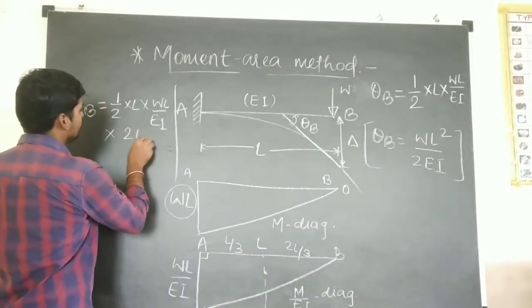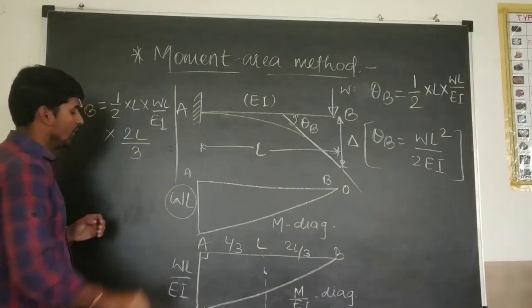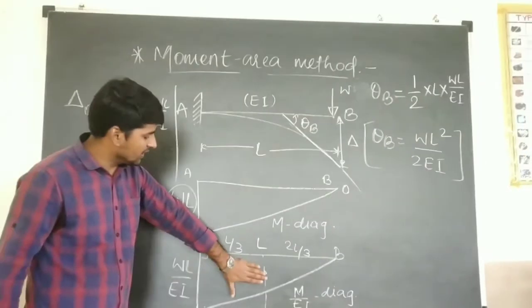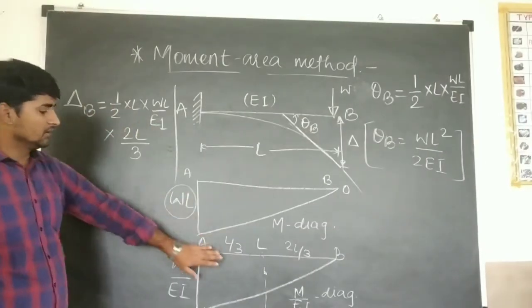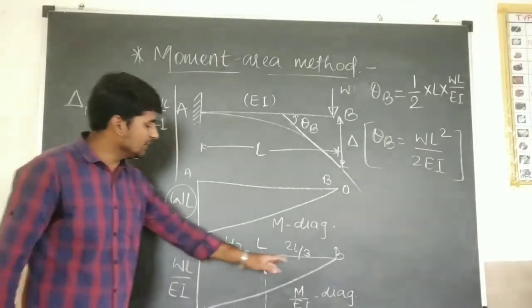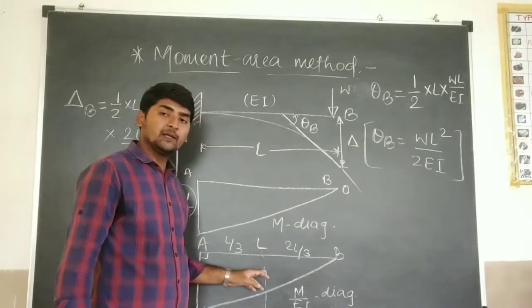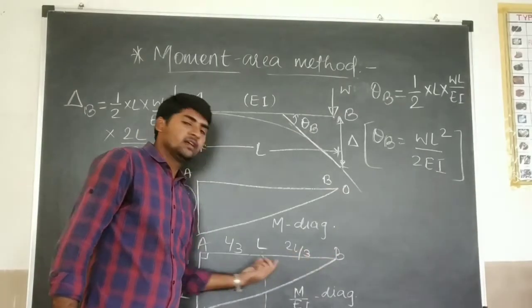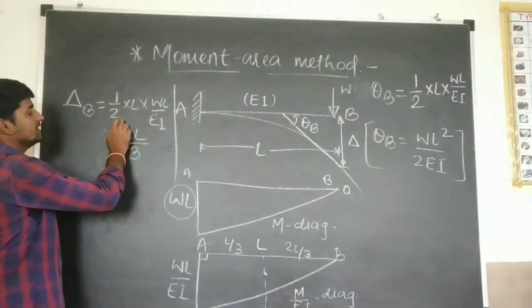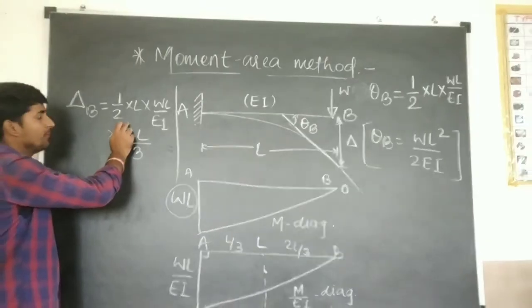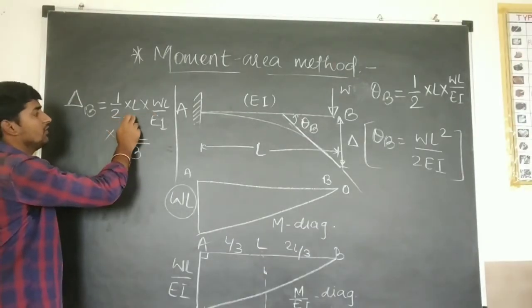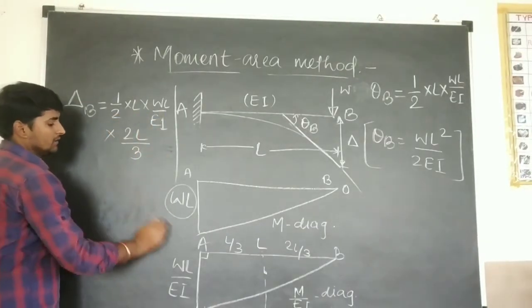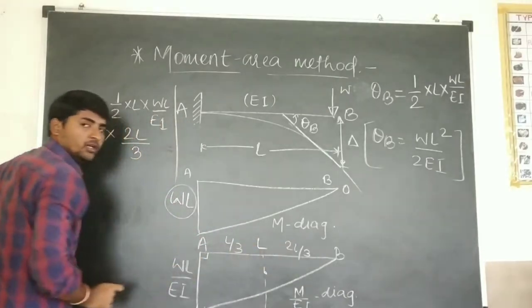So I simply take the area of this diagram and multiply this area with its distance of CG from point B. Here we can see that the area of this diagram will be half into base into height, half into L into WL upon EI, and the CG distance is 2L upon 3.